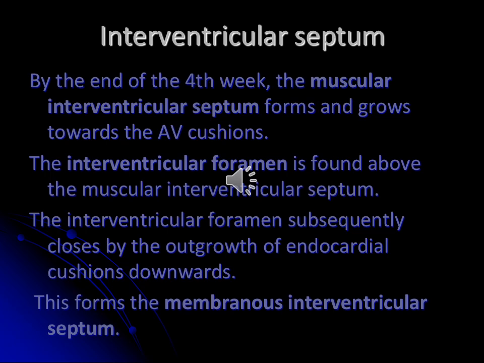Now a thick muscular growth starts from the floor of the common ventricle. The destination seems to be the AV cushions. Even septum primum has come down to fuse it, and this septum in the ventricle, which is called the interventricular septum, starts to grow towards the AV cushions.